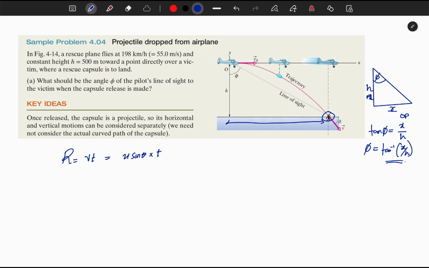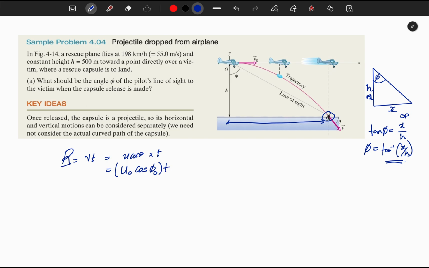That is very important. But take note, this is our initial velocity. So let's say u naught cosine. Even the angle itself, it will be with a naught there. Then we multiply by t.